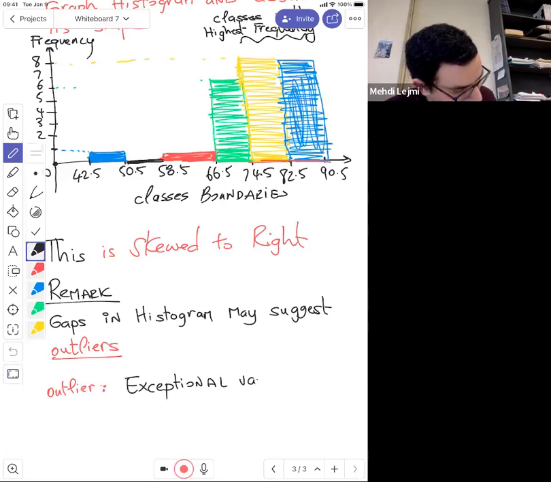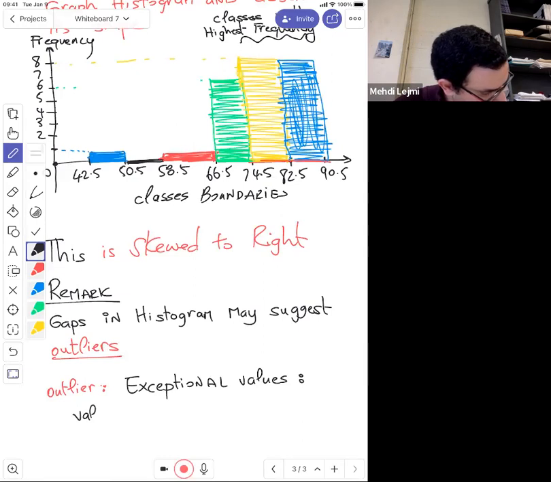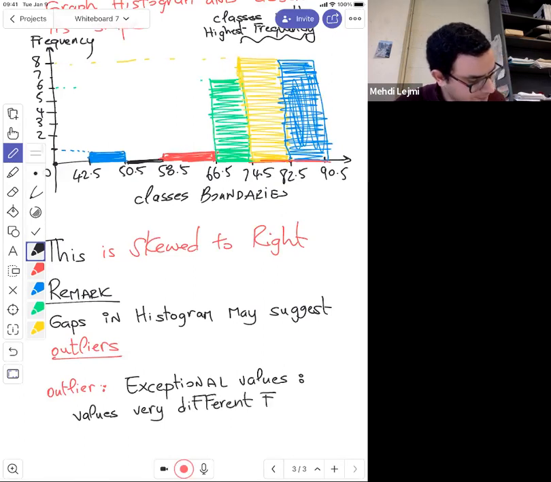In other words, these are values that are very different from other values.